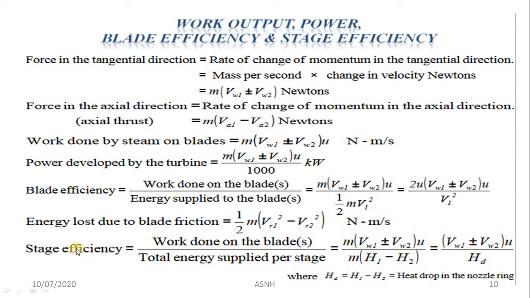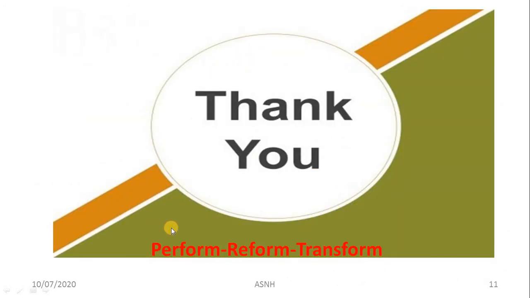So the stage efficiency is equal to (Vw1 plus or minus Vw2) into u upon HD, where HD stands for the heat drop. You will get all values of H through the steam table. So in numericals, we must calculate the work done, power developed, blade efficiency, energy lost and stage efficiency.